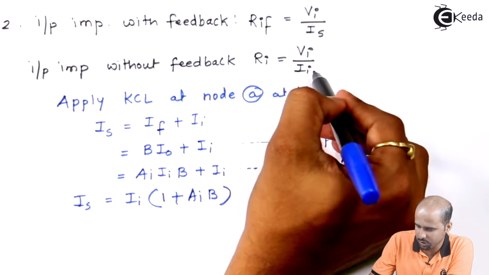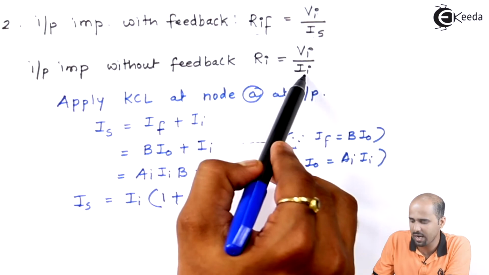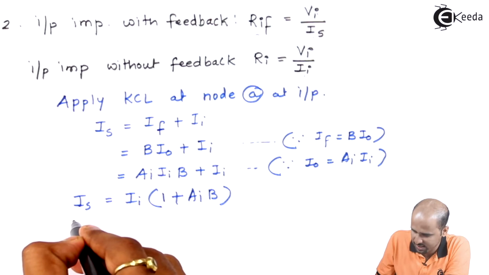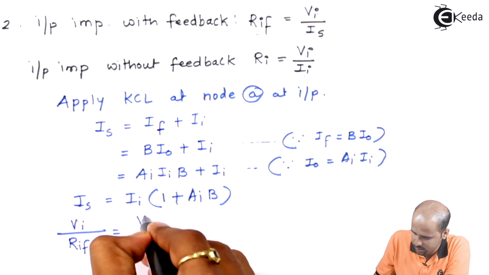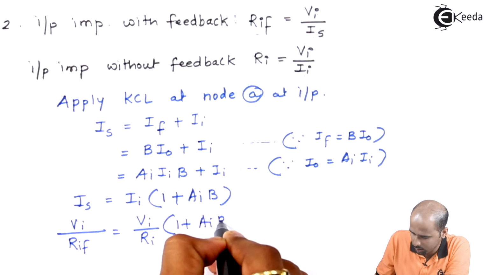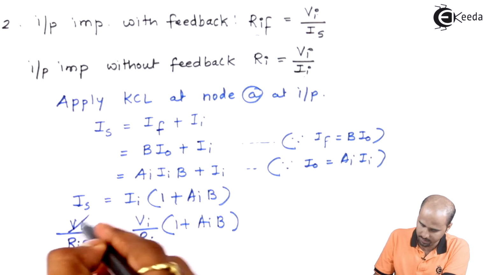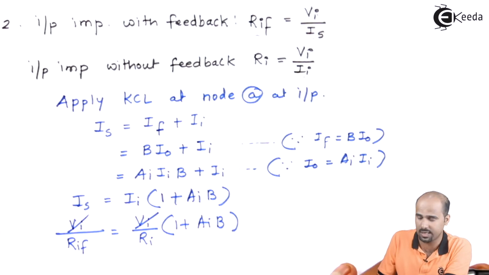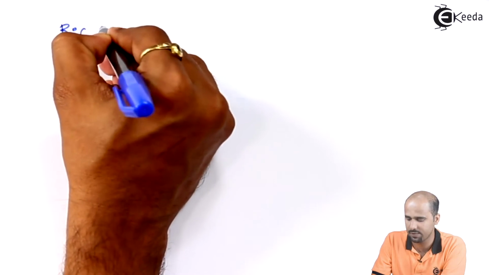And now from this equation, we will write IS is equal to VI divided by RIF and II is equal to VI divided by RI. Simple. So IS is nothing but VI divided by RIF and II is nothing but VI divided by RI, and here we will be getting the same factor 1 plus AI into B. From here, cancelling VI, I will be getting that RIF is equal to RI divided by 1 plus AI into B. So here my input impedance decreases if I apply the feedback.